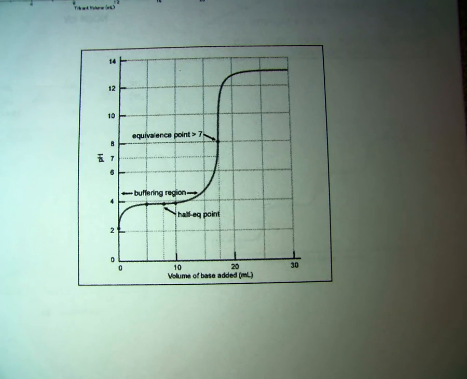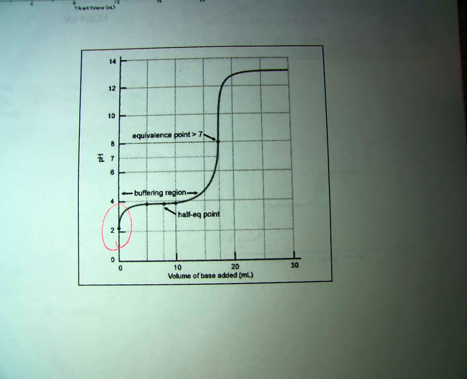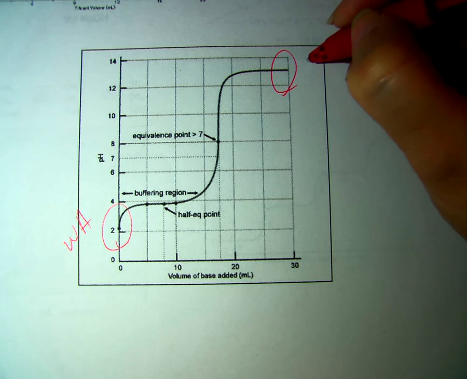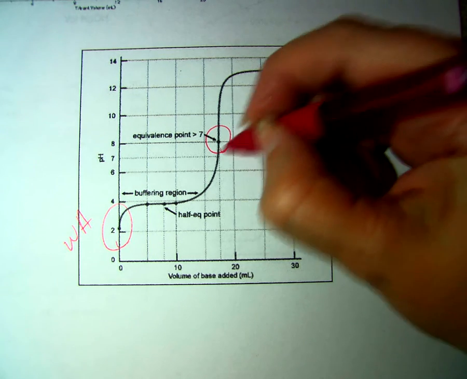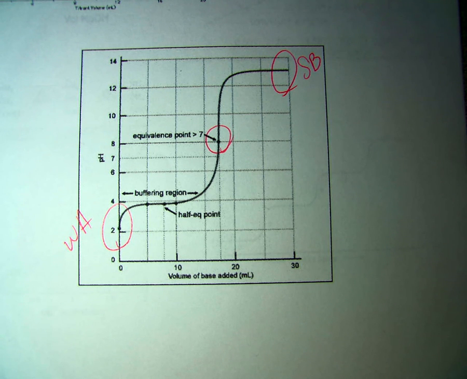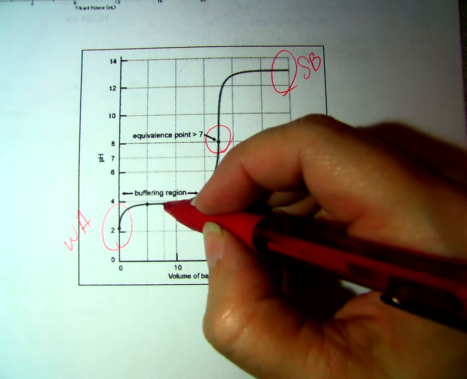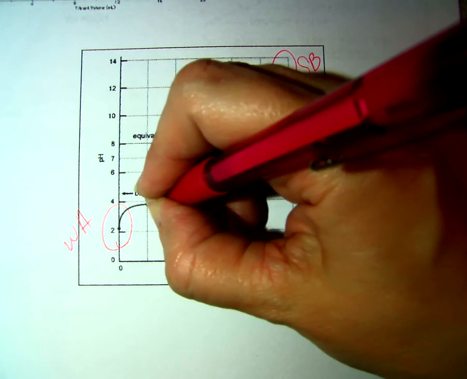All right, so down at the bottom you have another one. What kind of acid? Weak. What kind of base? Strong. Equivalence point is right here. And we could figure out the half equivalence point is right here. Carry it across.